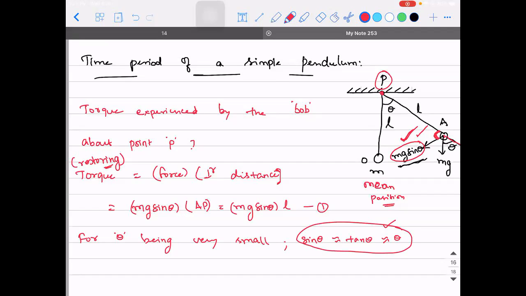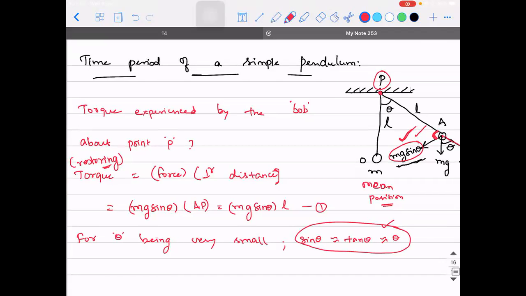So in this case, torque is equal to mg into theta into L, because here we need to consider theta to be very small. This is one approximation that we are doing.